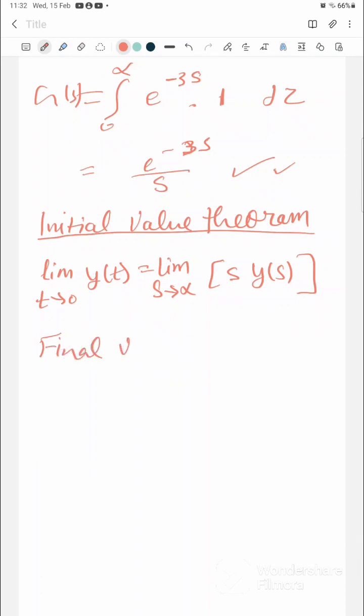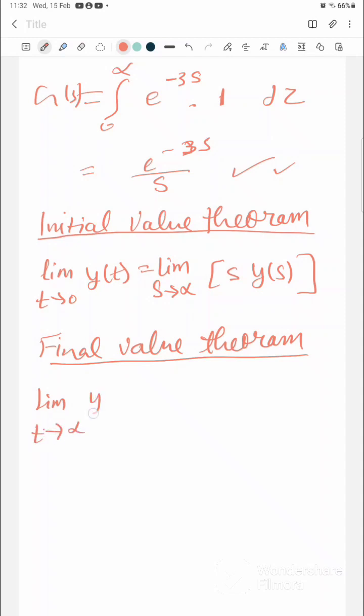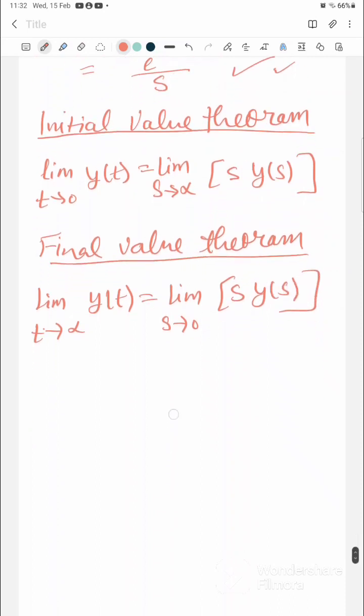Final value theorem is defined as limit t tends to infinity y(t) equals limit s tends to 0 s Y(s).